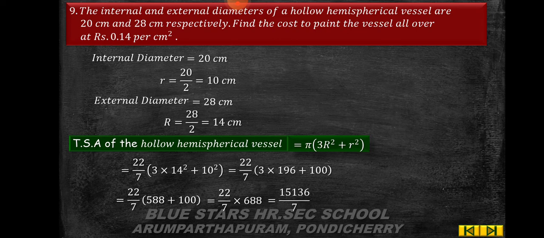You get 15,136 divided by 7. You get the value 2,162.28 centimeter square.